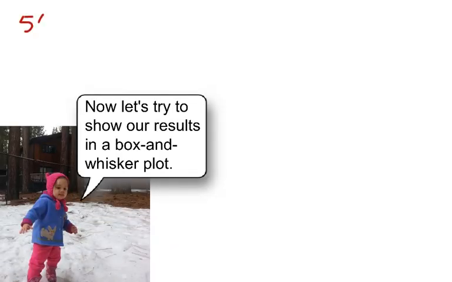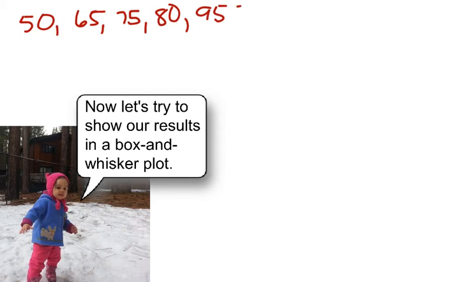So I have 50, 65, 75, 80, 95, and 375. So now I'm going to first look at my middle number.